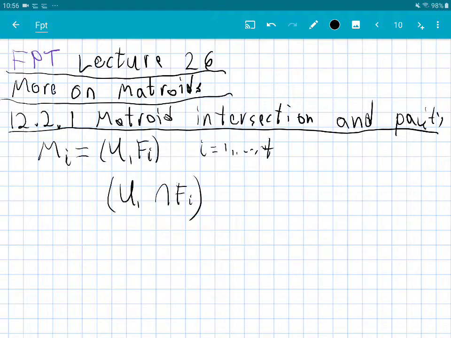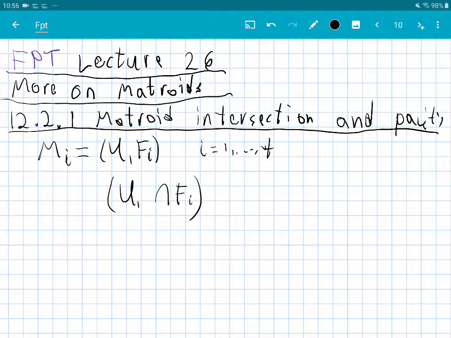Then we have the exchange property, which says that if there is a bigger set in the matroid than a given set, then there is always a way to add an element to the set such that we increase it and it's still in the matroid. This is the way to go up, which means in particular that the maximum size sets in the matroid are all of the same size and they're called bases.